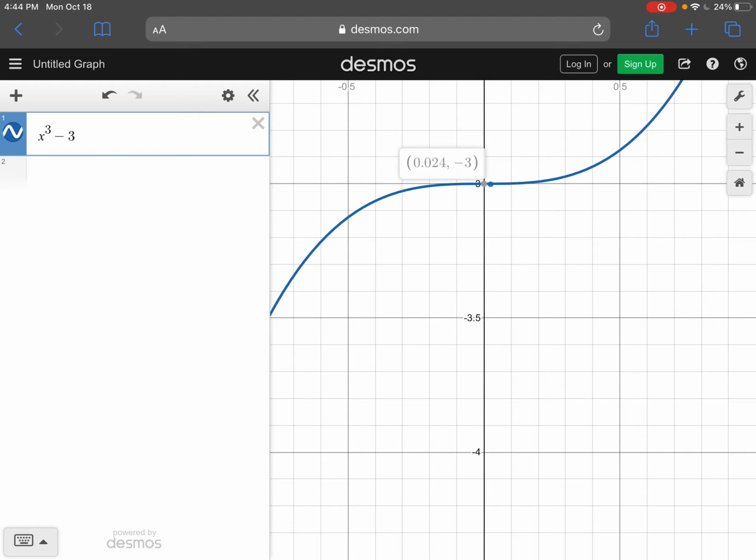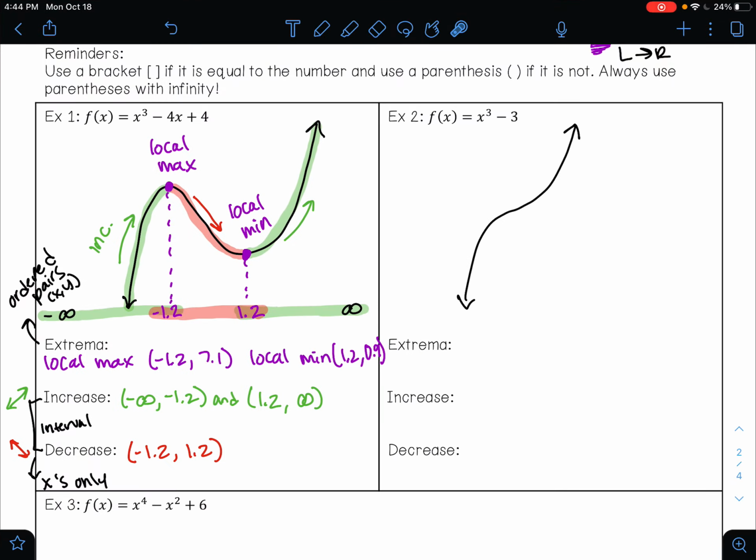Still increasing, still increasing. They're continuing to go up. So we never dip back down. They're always increasing. And so because it's always increasing, we don't have any maximum or minimums. So we just say none.